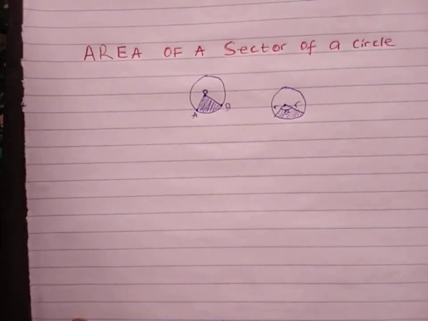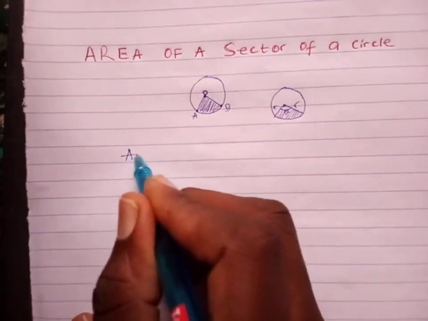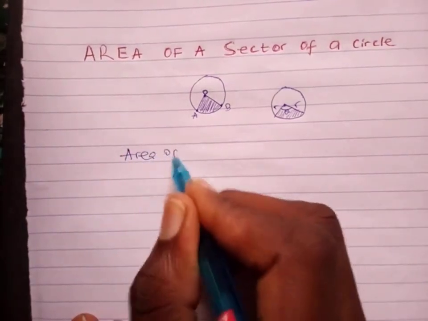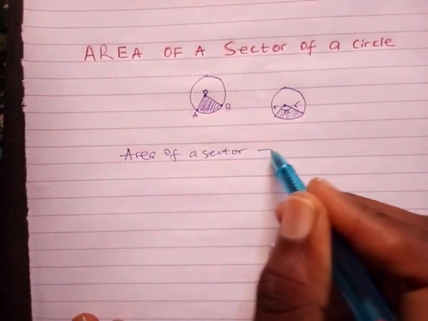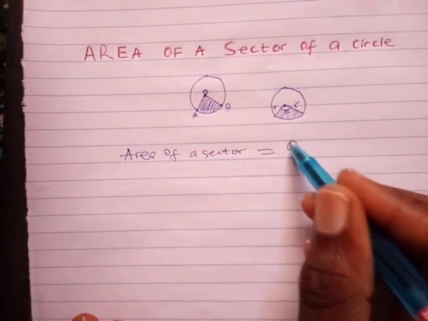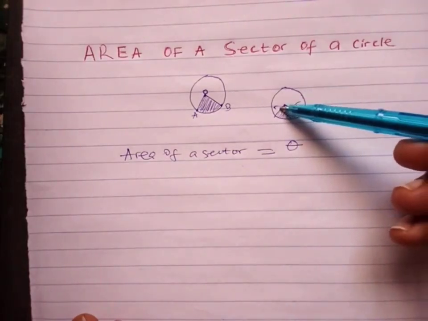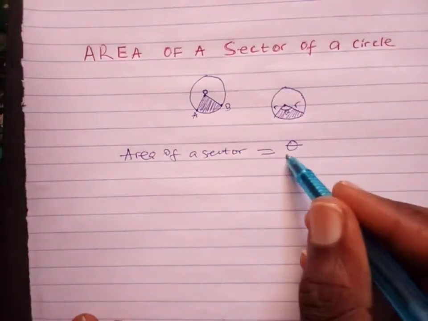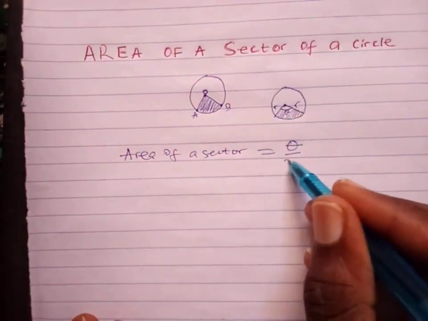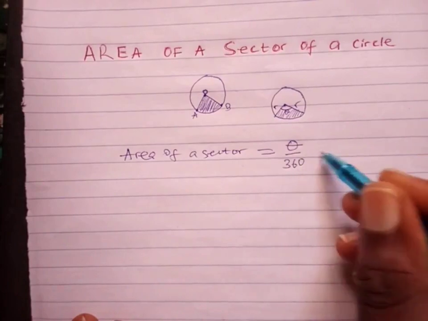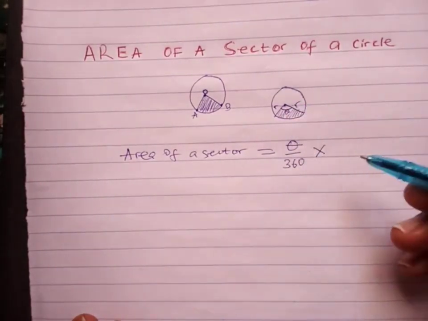So mathematically, the area of a sector is given to be the fraction of the angle that is subtended at the center, that's the angle compared to the whole angle of that very circle, multiplied by the area of the circle.